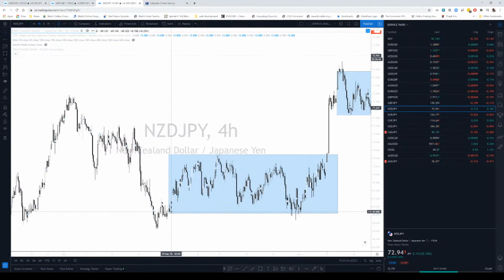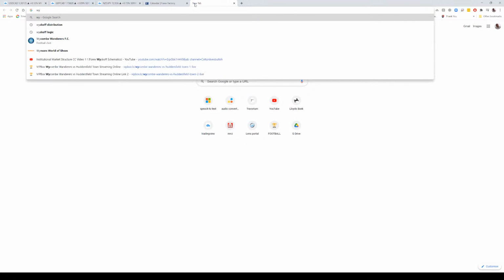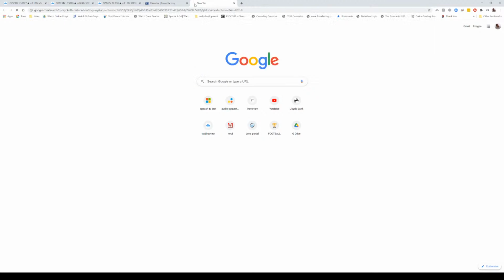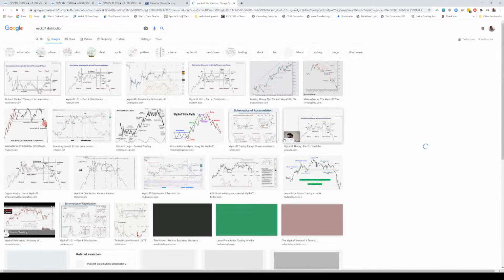So if you are a fan of Wyckoff, you will see Wyckoff schematic in here. Let's actually look at it. Wyckoff accumulation. Right, look at this.